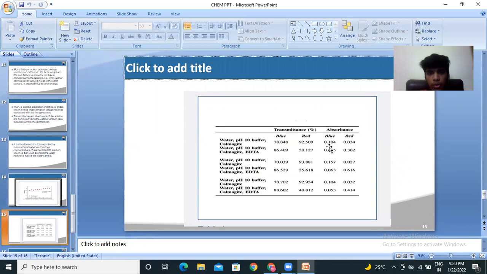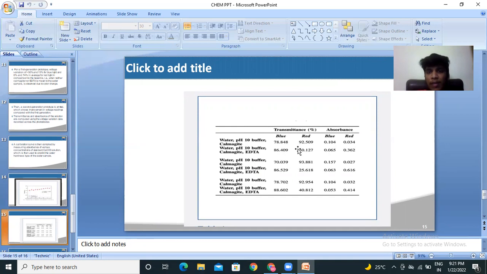For the water pH 10 buffer with calmagite, and with calmagite and EDTA: the blue transmittance percentage is 78.848, and with EDTA it is 86.409.